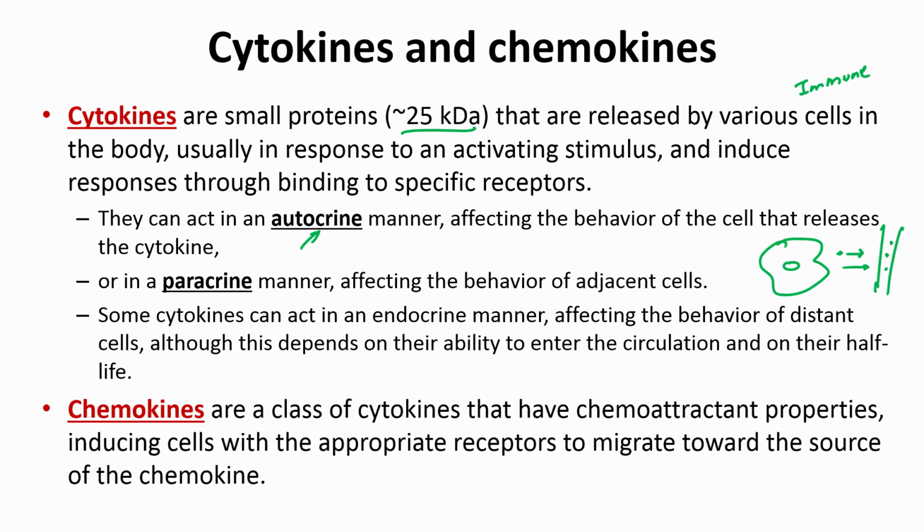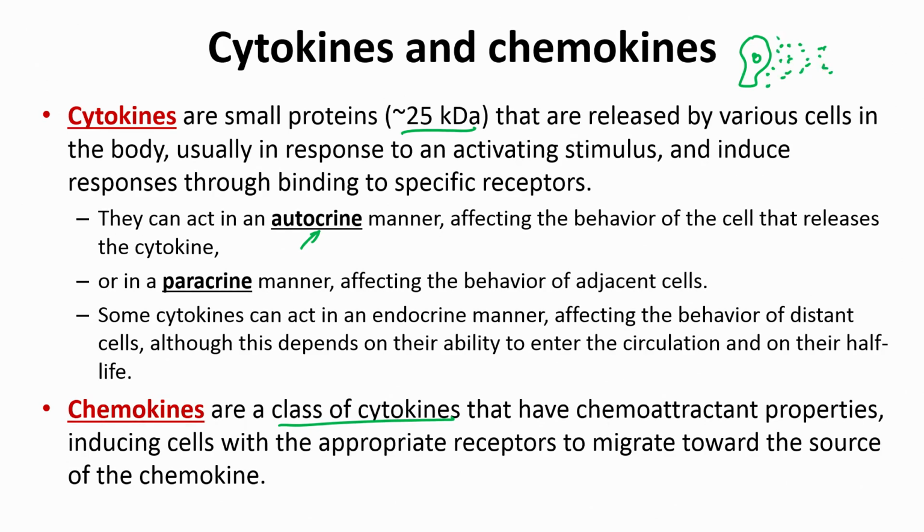And then there are chemokines. Chemokines like cytokines are also secreted by immune cells. They are actually a type of cytokine. So, chemokines are part of the cytokines, and they act with a chemoattractant property. What that means is, let us say there is a problem at this site or this cell and it is secreting some of these cytokines, which are then building up in the surrounding.